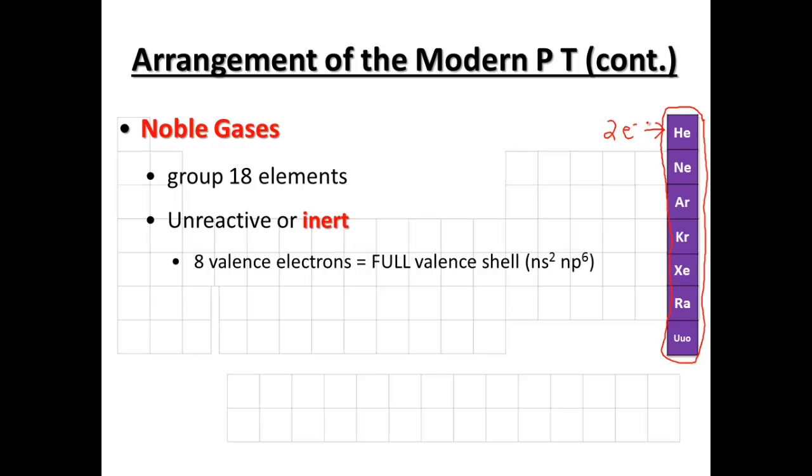With noble gases, group 18, 8 outer electrons, meaning it's a full valence. That's going to be important as we're going because that causes the noble gases to be unreactive, or we'll know them to be inert. The reason they get the name noble gases, just like the nobles in the kingdom would not want to react or interact with any of the other people, the noble gases don't react or interact with any of the other gases or elements.